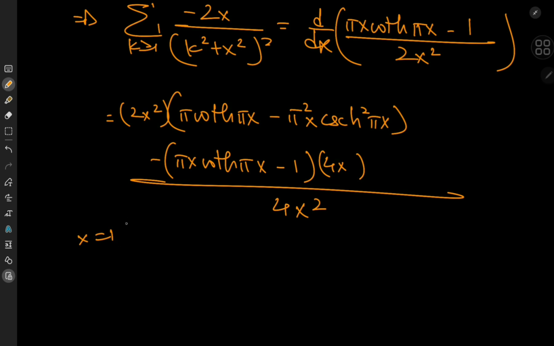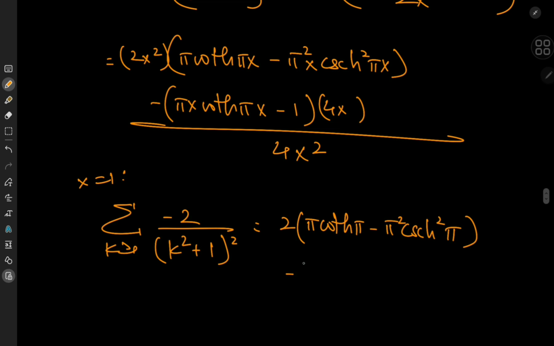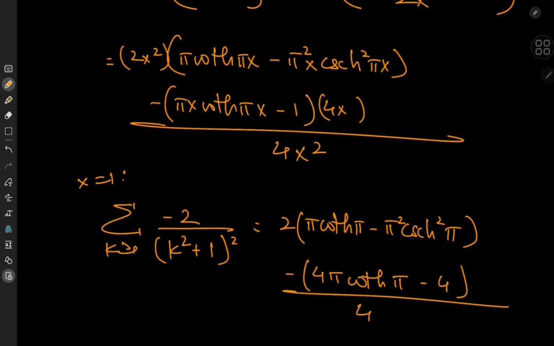So x equals 1 gives me the sum over k of negative 2 divided by k squared plus 1 squared equal to 2 times pi times hyperbolic cotangent of pi minus pi squared times hyperbolic cosecant squared pi minus, what else? Oh yeah, minus 4 times pi times the hyperbolic cotangent of pi minus 4, where I've just multiplied the 4 in there, divided by 4.